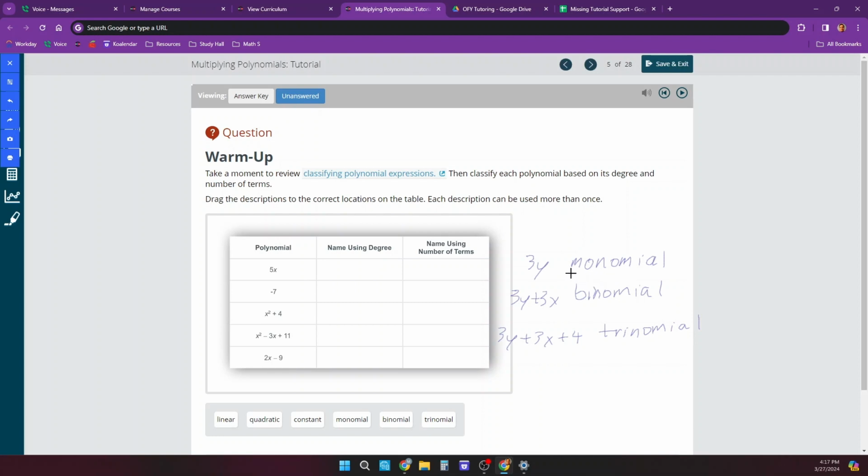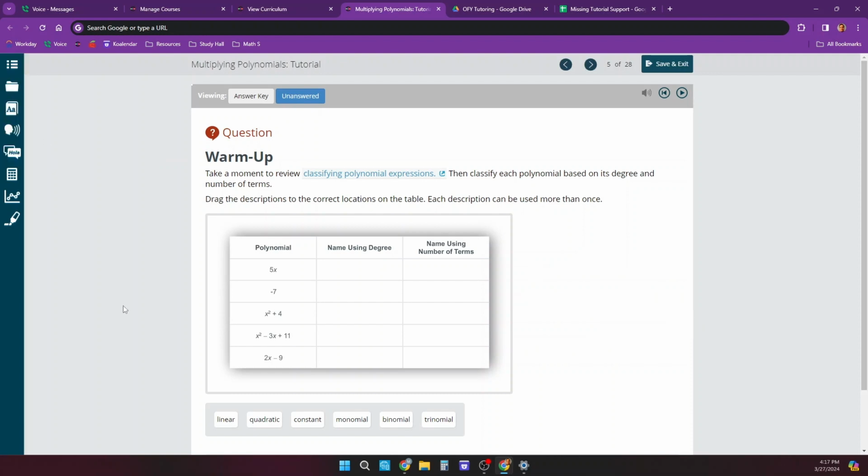They're all polynomials, but they have different prefixes, mono, bi, and tri, to signify how many terms are in each expression. So we could use that information to start answering our question.